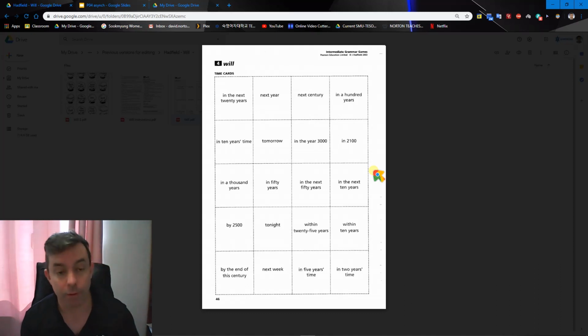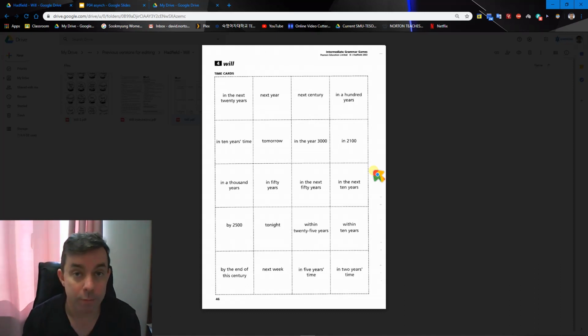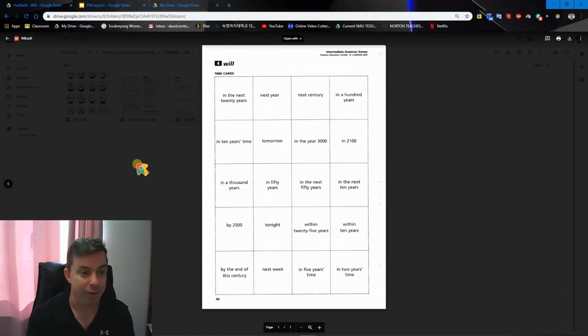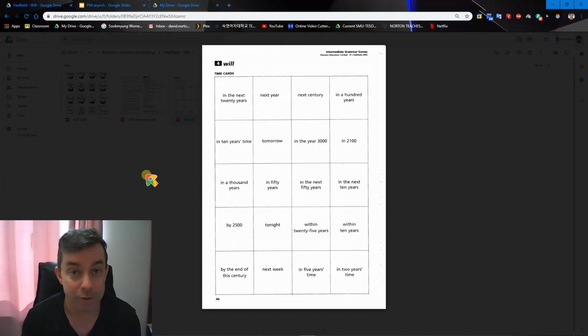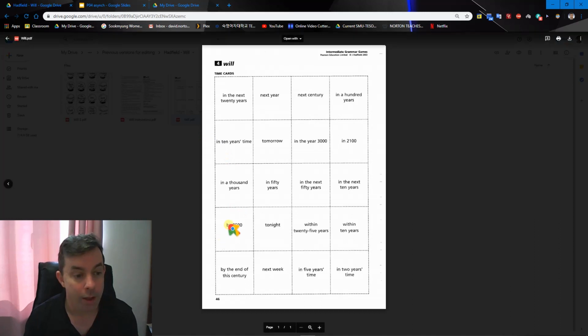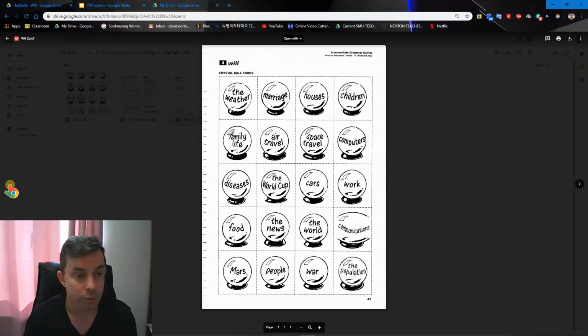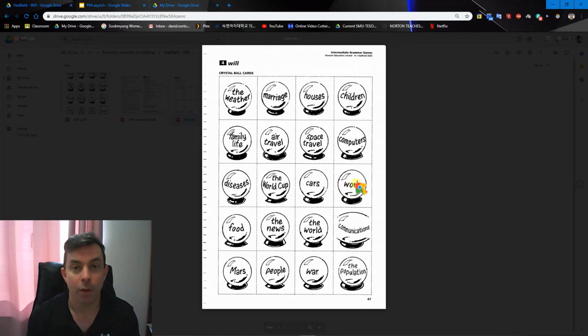One procedural scaffolding technique I can use is model to practice. Here we're really modeling the procedure of how to do this game, and we're modeling language at the same time. Let's say, for example, I choose by the year 2500, that's my time card, and for the crystal ball, I have cars.